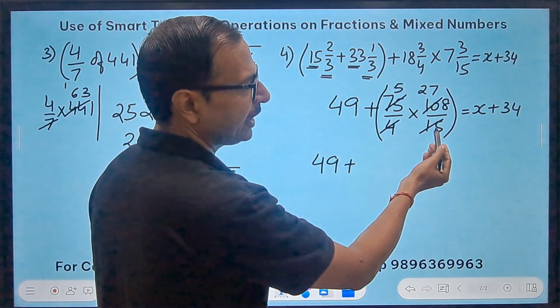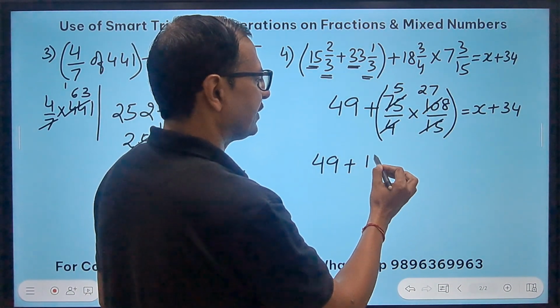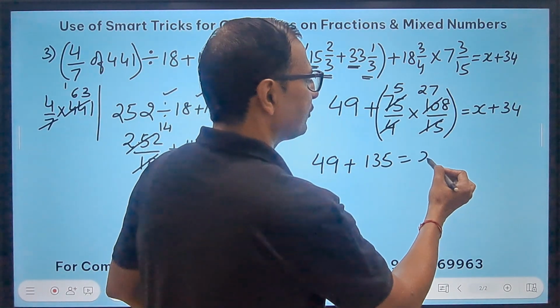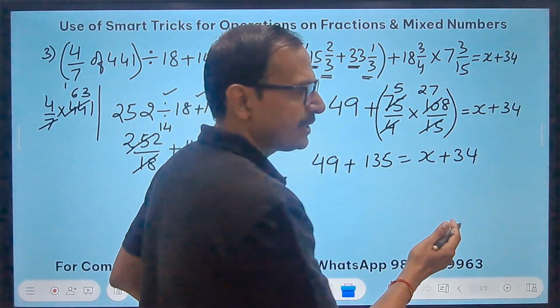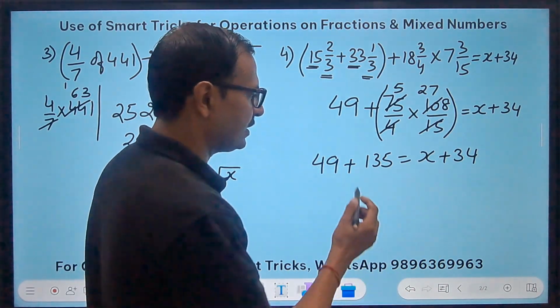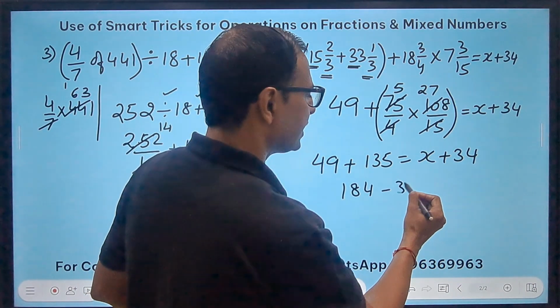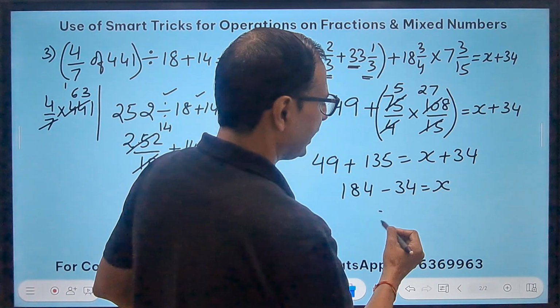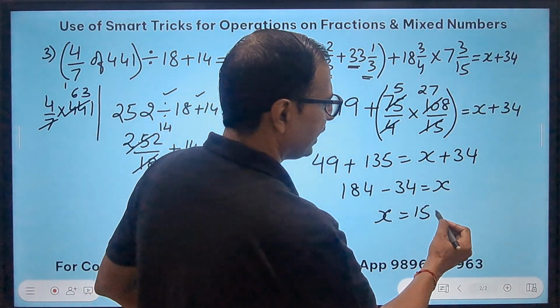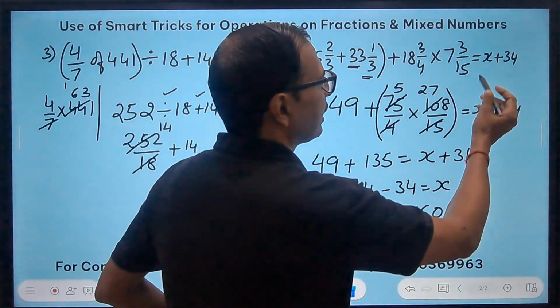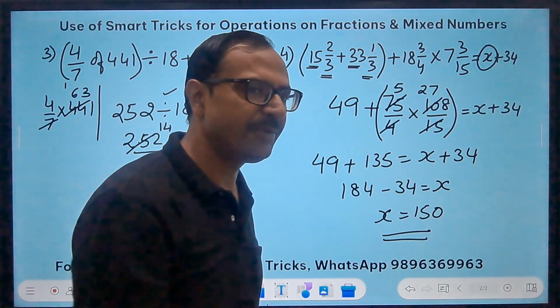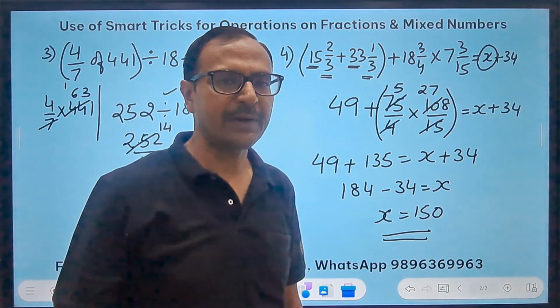There is no denominator. 27 times 5 is 135, and rest of it is quite easy because it's a problem of addition and subtraction only. So this is 184, and 34 comes this side, gets subtracted, giving you x as 150. So what replaces this x? 150 replaces that particular x.